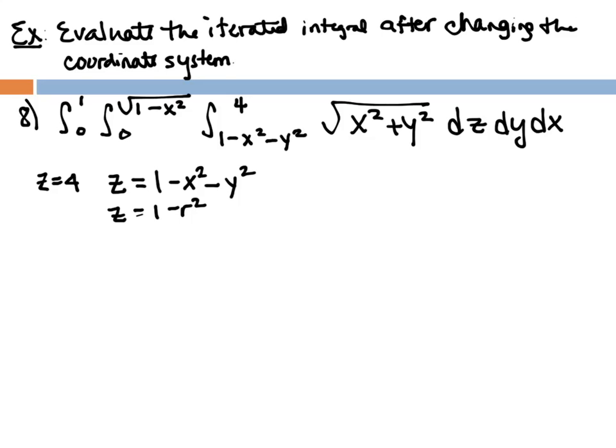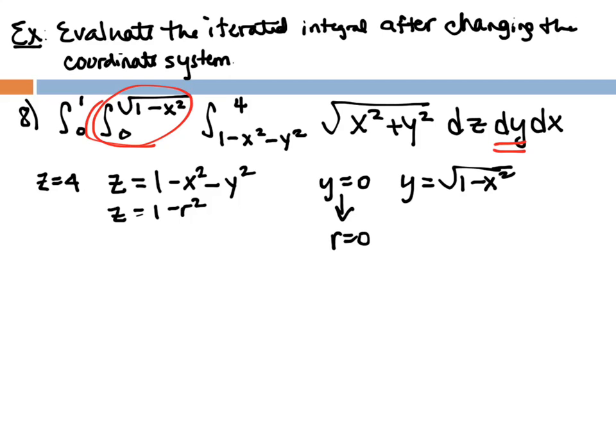The second limits of integration, the in-between limits, are on the variable y, according to the structure at the end. So this one tells me that y is going from y equals 0 to y equals the square root of 1 minus x squared. All right, so y equals 0 tells us that r is going to go from 0.